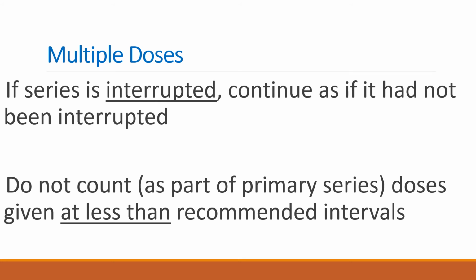Do not count as part of the primary series doses given at less than recommended intervals. Again, his parents brought him to your clinic earlier. Give. Why give? Because we don't want to miss an opportunity for vaccination. But do not count it as part of the series.